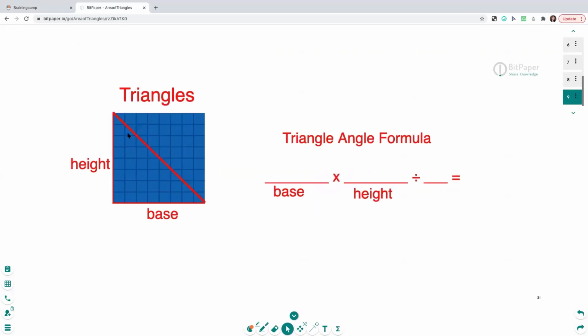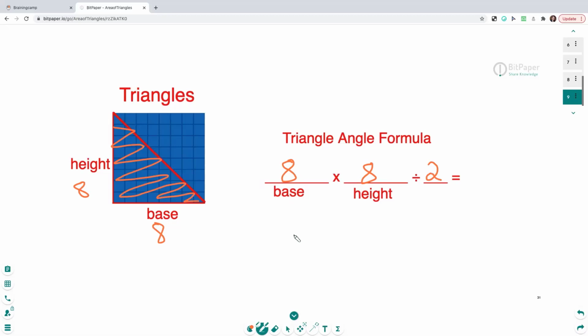But since we have 2 triangles that make up the square, we have the base of 8 times the height of 8, and we have to cut our answer in half, or divide by 2. That will get us the area, the space, of each of our triangles.